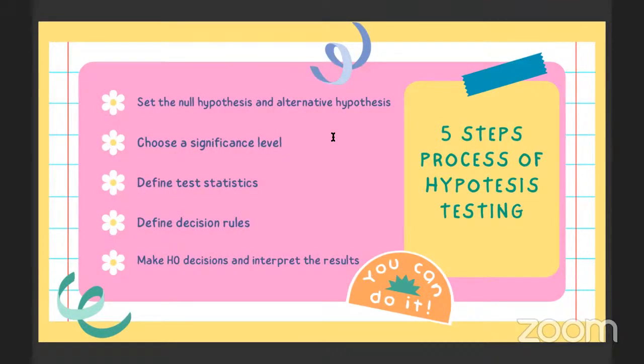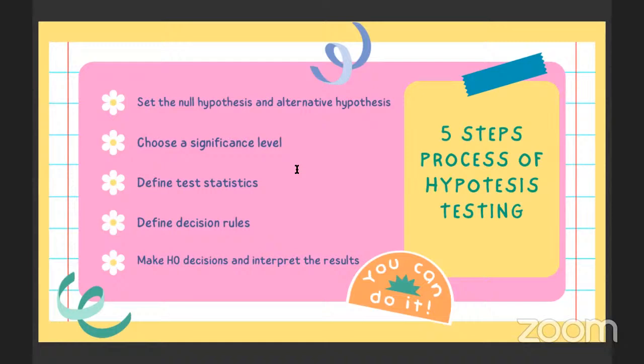Here is the 5-step process of hypothesis testing. We still use this step process. First, we set the null hypothesis and alternative hypothesis, where the null is the default assumption, and the alternative is what we're trying to prove or disprove. Then step 2 is to choose a significance level, where we determine the level of significance for a hypothesis test.